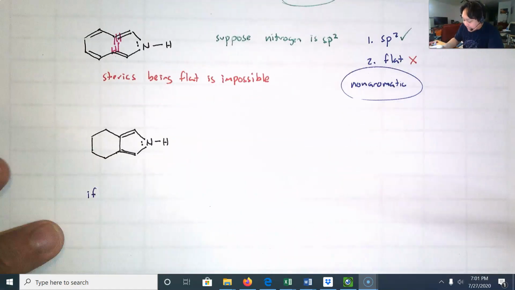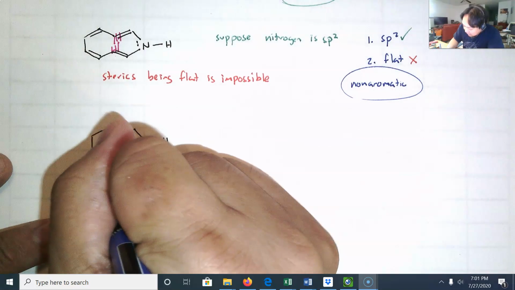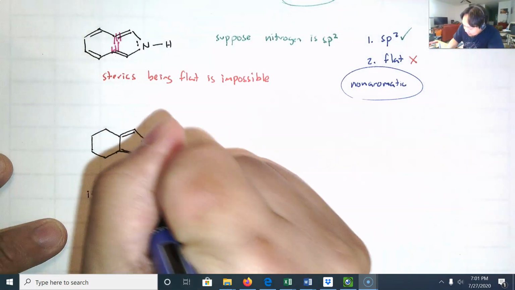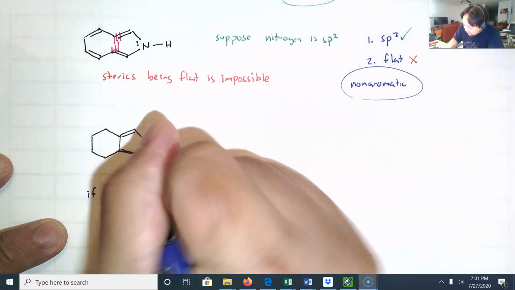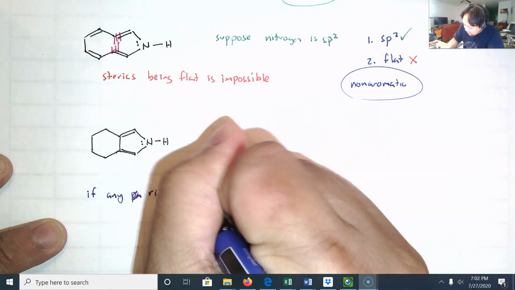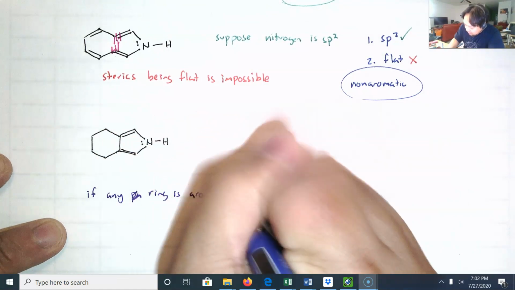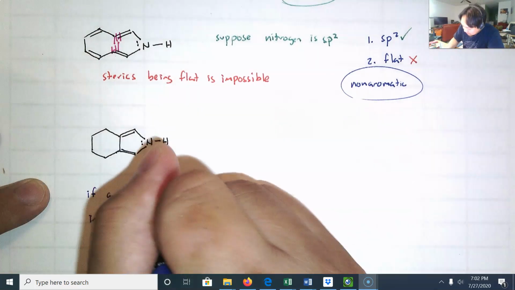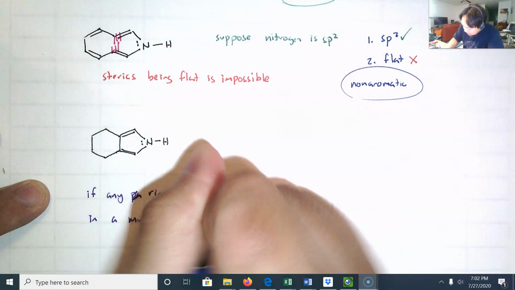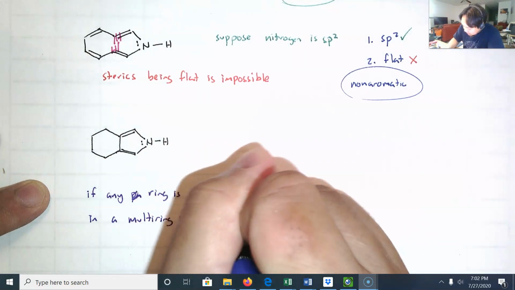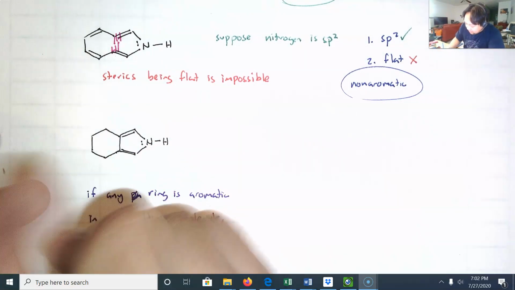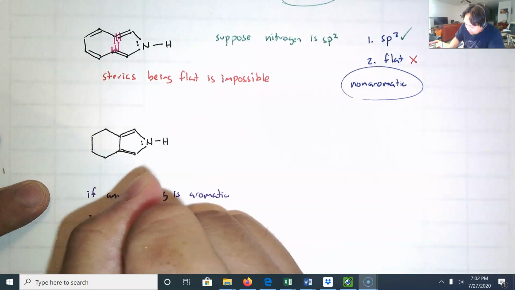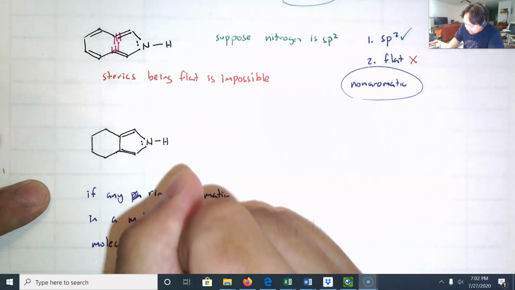So plainly stated, if any ring is aromatic in a multi-ring molecule, then just say that the molecule as a whole is aromatic.